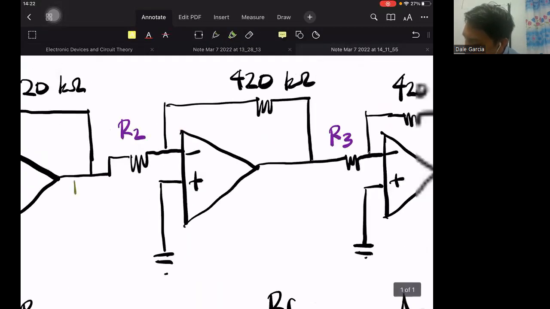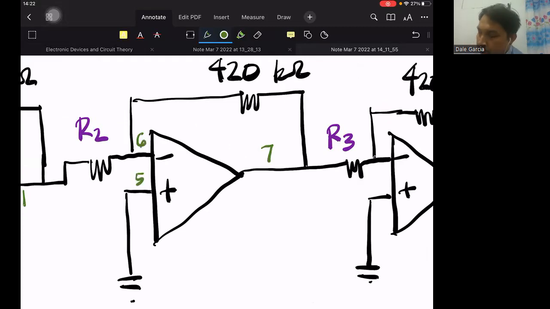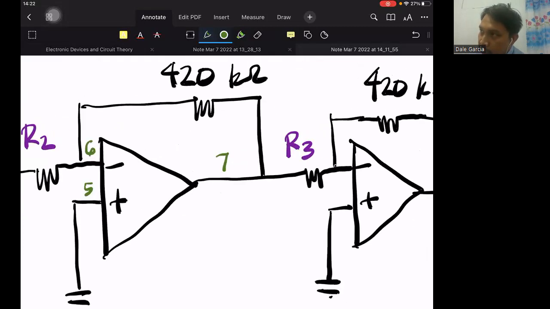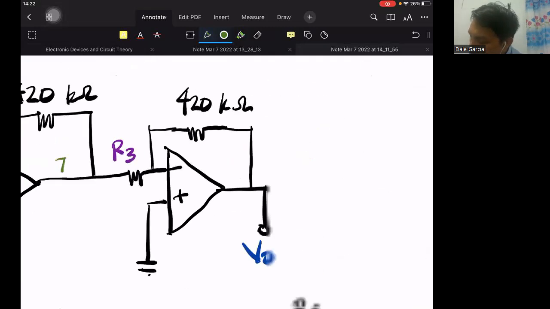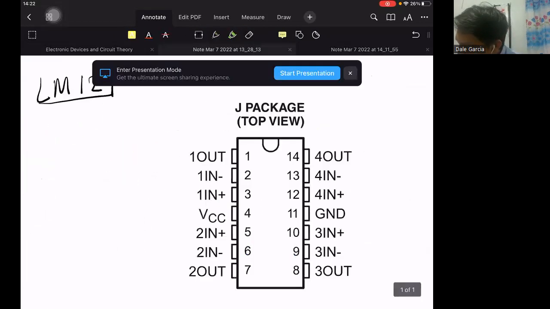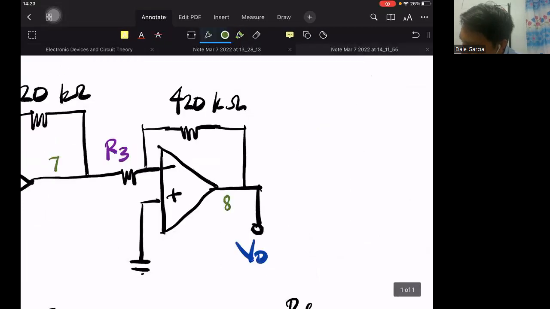Then 7, 8, 9, 10. Pin 9 is the inverting input. Check that. 9 is the inverting input. Correct. And 10. Okay.